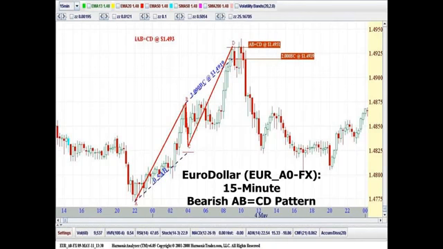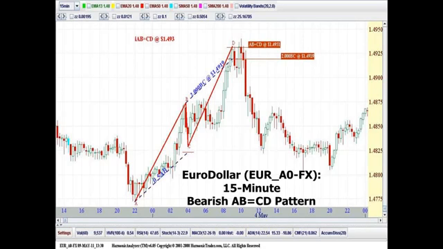On this chart of the euro-dollar on a 15-minute basis, again we have a very distinct structure. The time symmetry is quite ideal, almost exact. Most importantly though, look at the C point retracement. That's actually less than 50% of the AB leg, but the 2.0 BC extension complemented that the best.